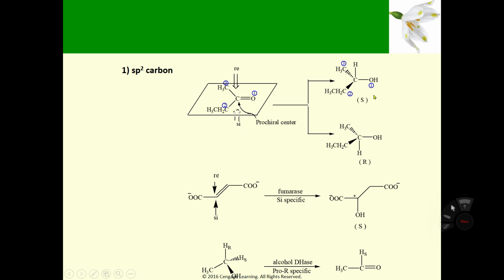If hydrogen comes from the Re face, we know that it will generate an S compound. If hydrogen comes from the Si face, it will generate an R compound, okay? So depending on where the hydrogen comes from in the reduction of the sp2 carbon, sometimes it will generate S or sometimes it will generate R. Usually a lot of enzymes are specific.